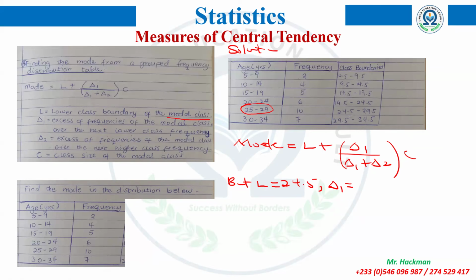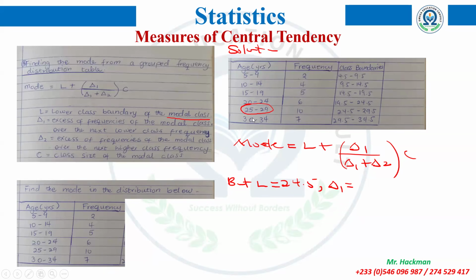So I will use lower and higher class. In this case, we said excess of frequency of the modal class over the next lower class frequency. So this is the modal class. All the classes above the modal class are lower class frequencies. I hope you agree. All the classes here are lower compared to this.